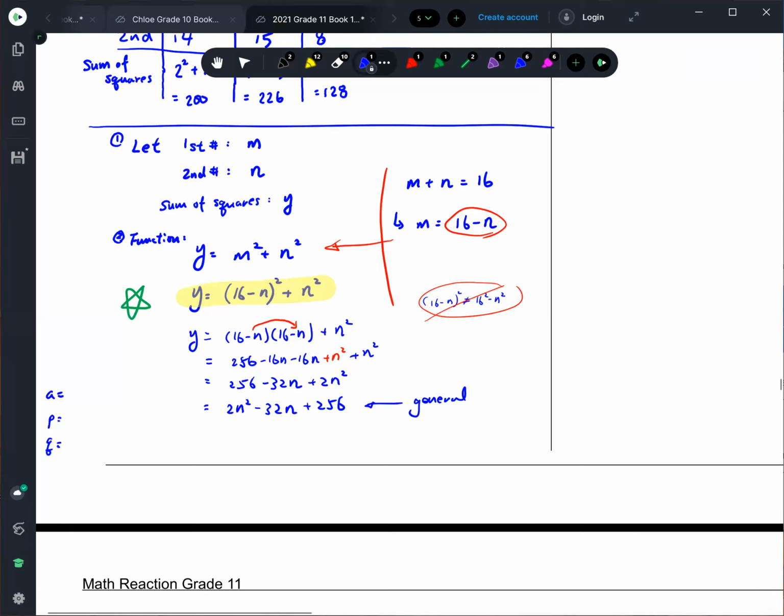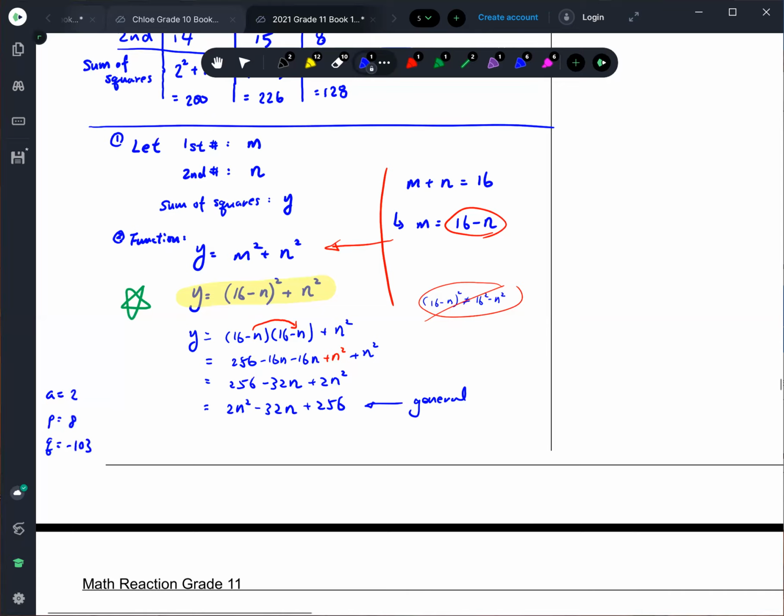All right, Bernice, what's your APQ? For A, I got 2, and P equals 8, and Q equals negative 103. So like that, negative 100, okay.